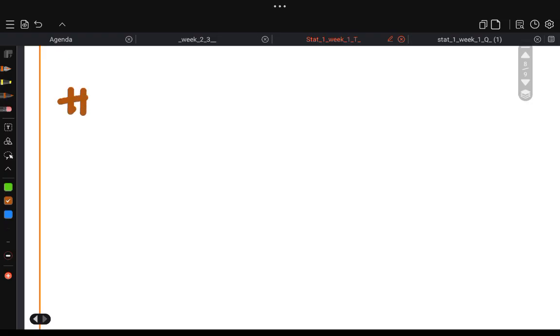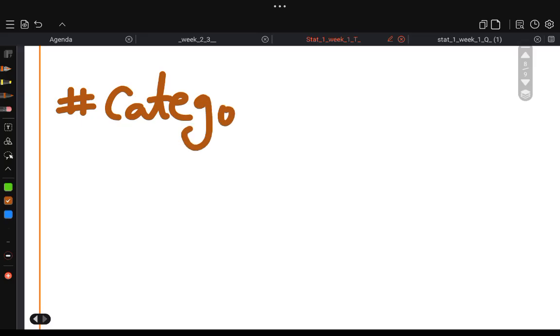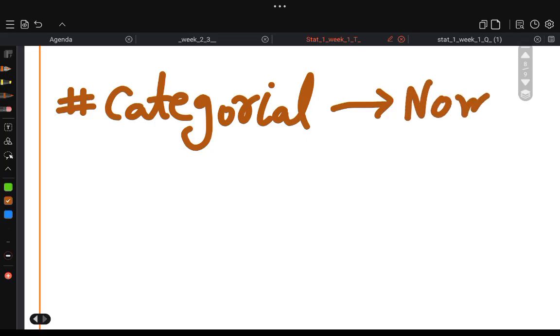In the categorical, there are majorly two scales, nominal and ordinal.